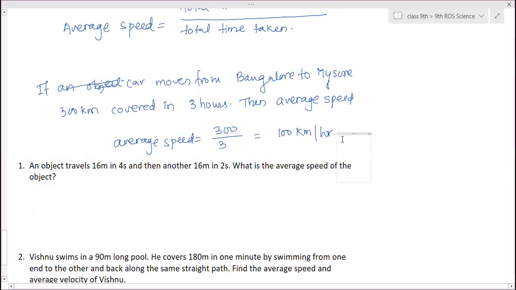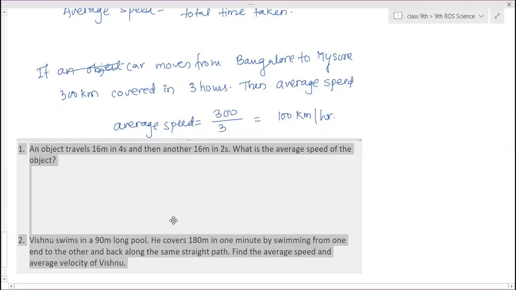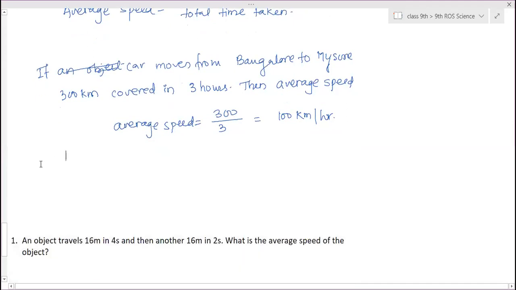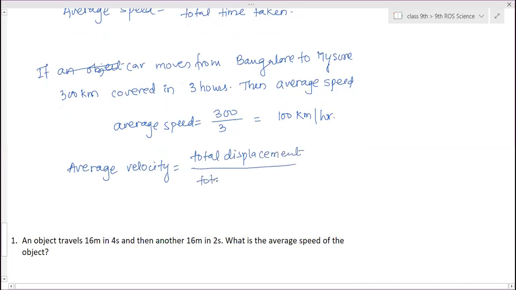If you want to find the average velocity, there is also a similar formula. What would the average velocity formula be? Total displacement divided by total time taken is the average velocity.